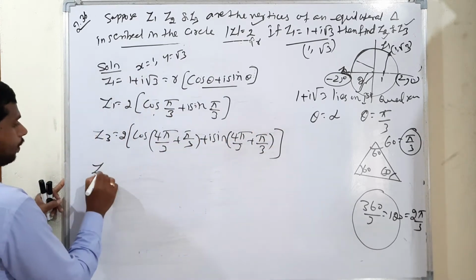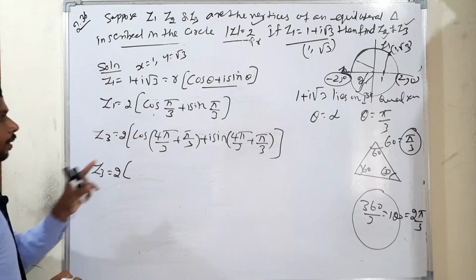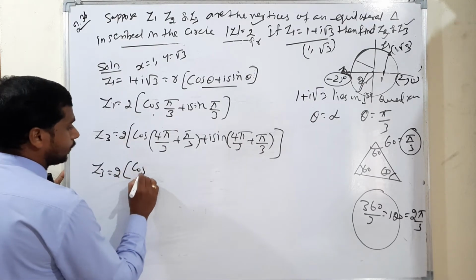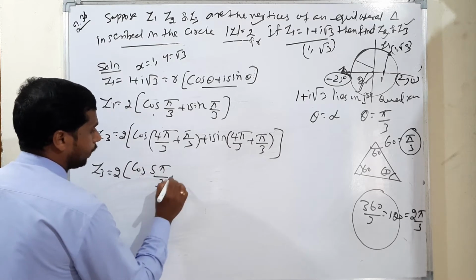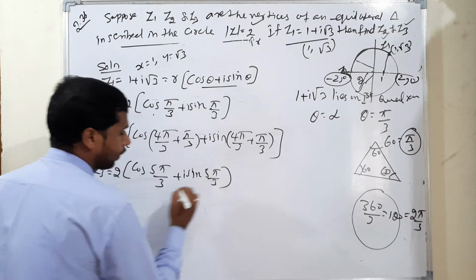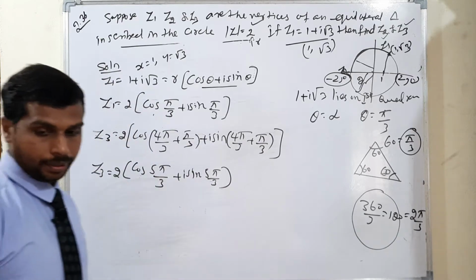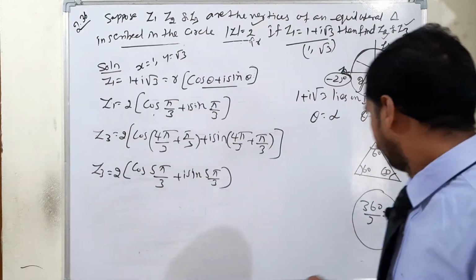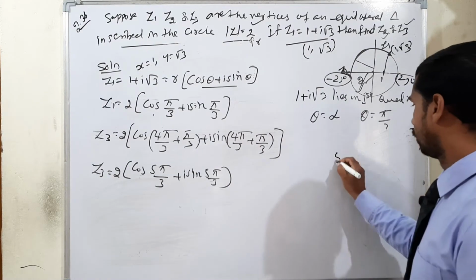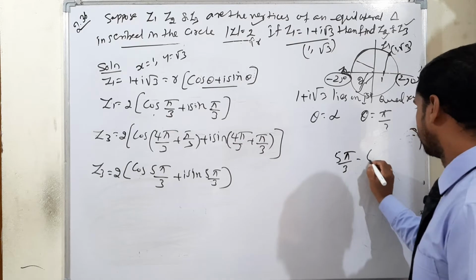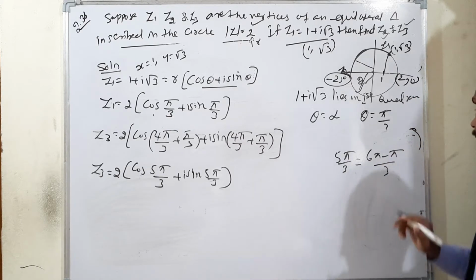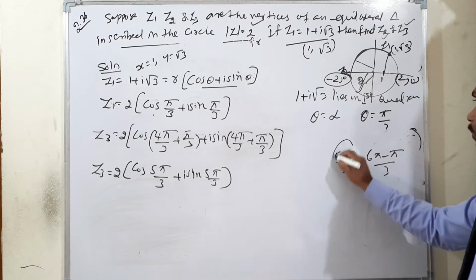Now Z3 is equal to, with the common denominator, 4 pi plus pi means 5 pi by 3: cos 5 pi by 3 plus i sin 5 pi by 3. So how do we expand 5 pi by 3? 5 pi by 3 means 6 pi minus pi by 3, isn't it? 6 pi minus 5 is equal to 5.